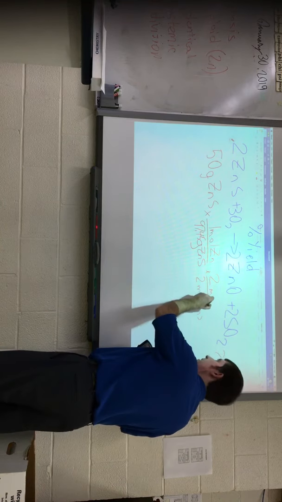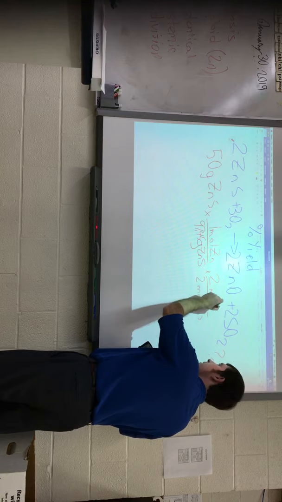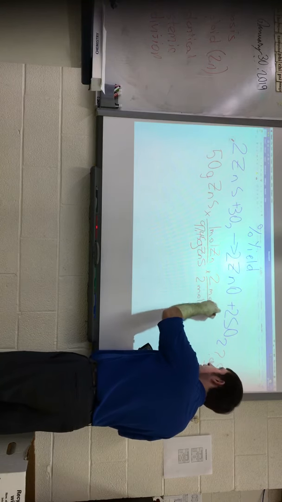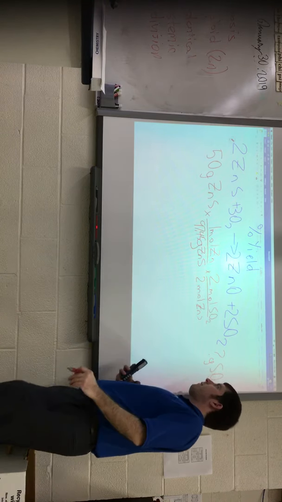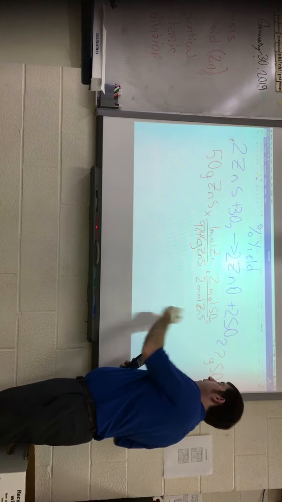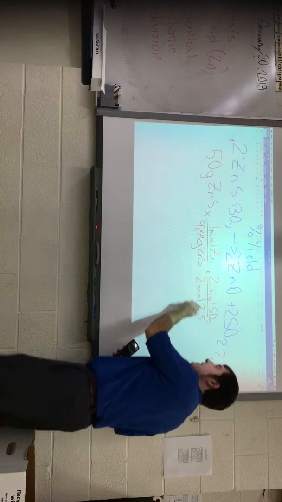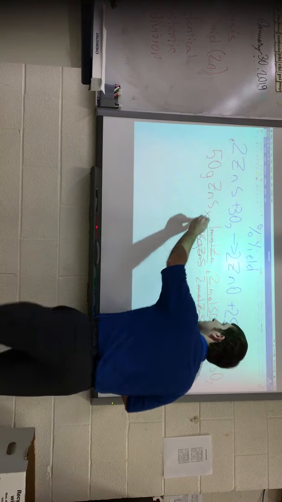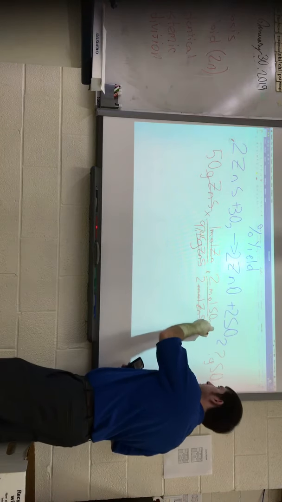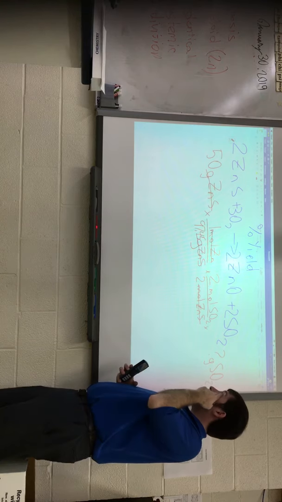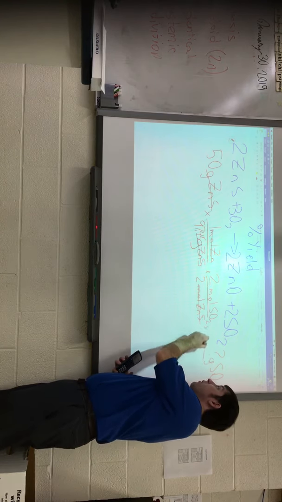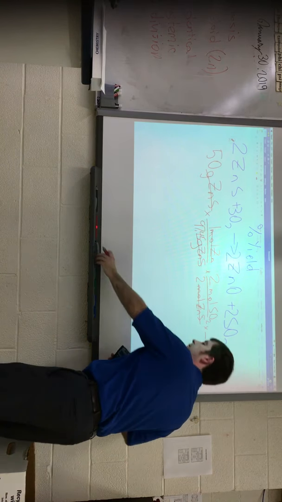Clean that up a little bit. Sorry, guys, miswrote. This is 2 moles of sulfur dioxide. Now, we're needing to go to grams of sulfur dioxide. So, we're trying to get to grams of sulfur dioxide. We'll need to use molar mass.